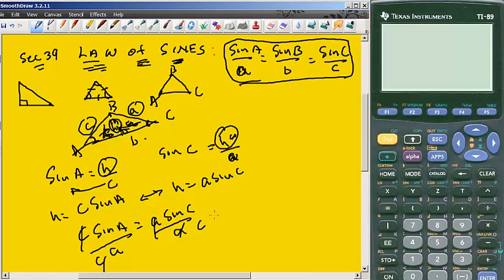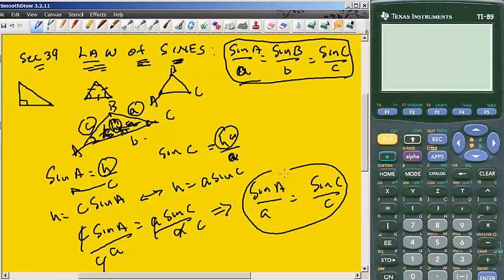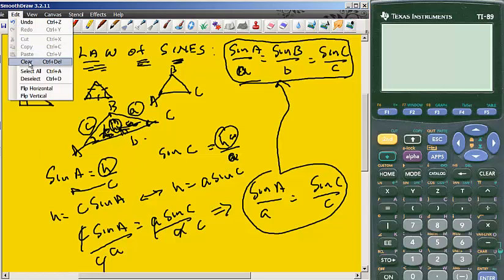What I have left is sine of angle A is to side A, and sine of angle C is to side C, and there it is. We can do the same thing for angle B. So that's the law of sines. You have to memorize that. Okay, so we're done with law of sines.